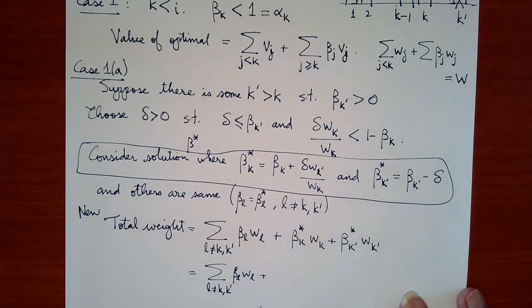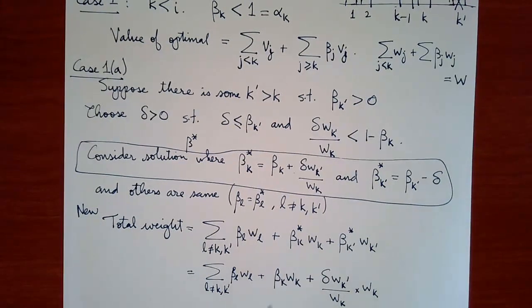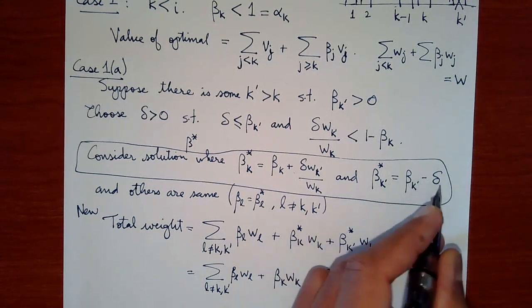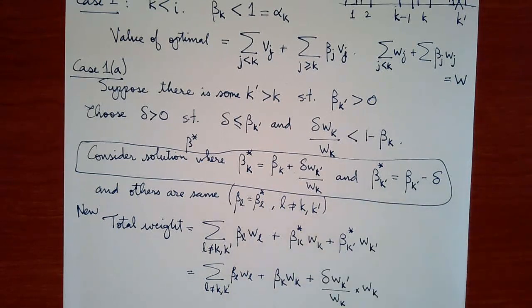Now I plug these expressions in. I'll get beta k w_k plus delta w_k prime divided by w_k times w_k, because I multiply this by w_k, plus I get beta k prime w_k prime minus delta times w_k prime, because I plug in this expression here.